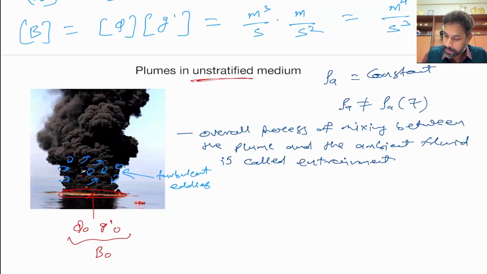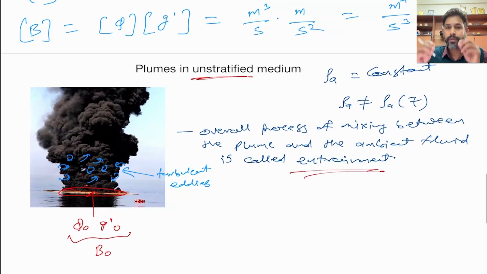So basically this ambient fluid is getting entrained into the plume, and that is why the volume of the plume is increasing as we go up. We can see the diameter is increasing as we go up from here, or indirectly the volume of the fluid is increasing.